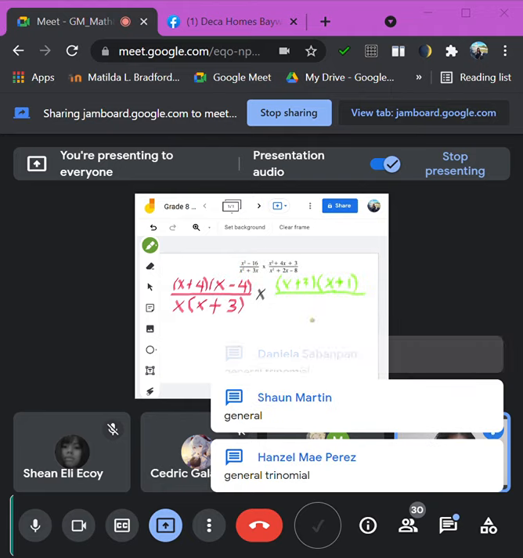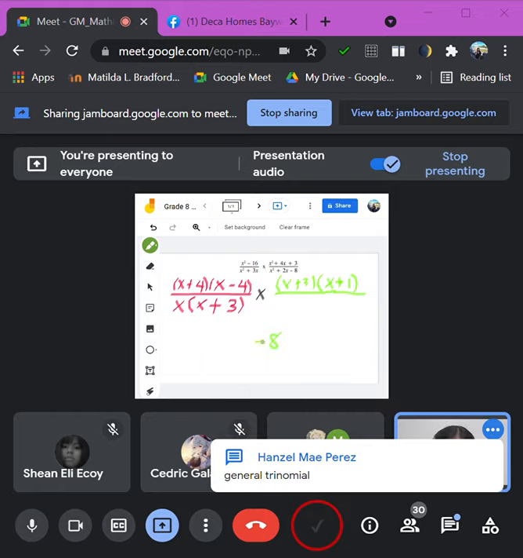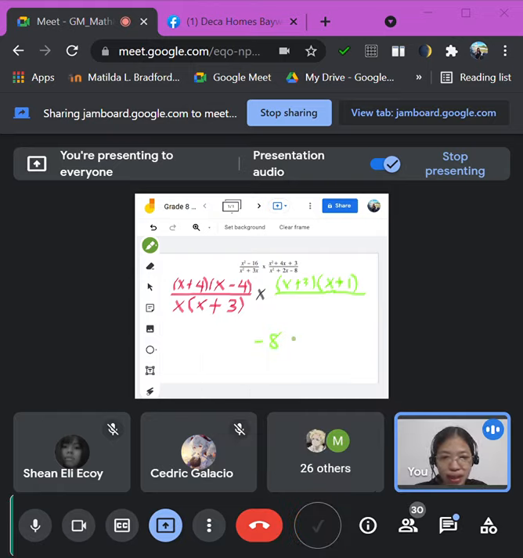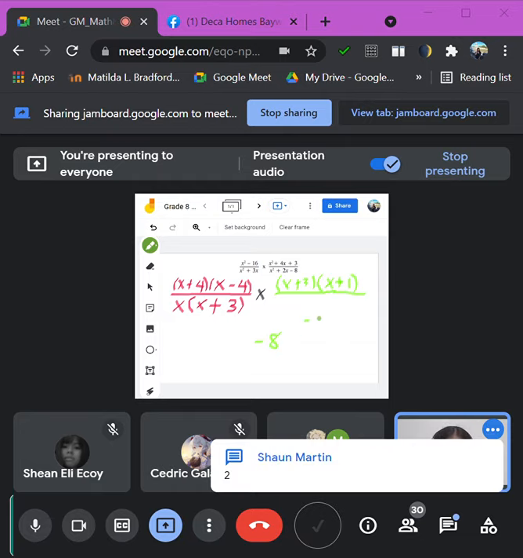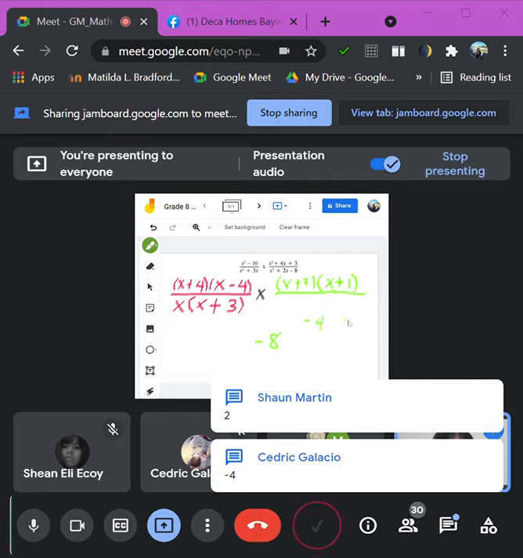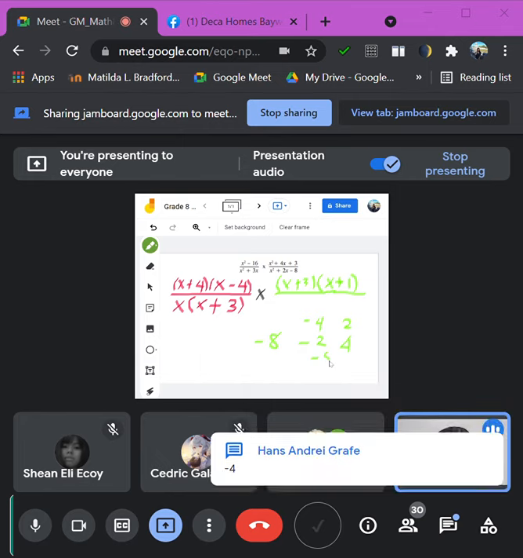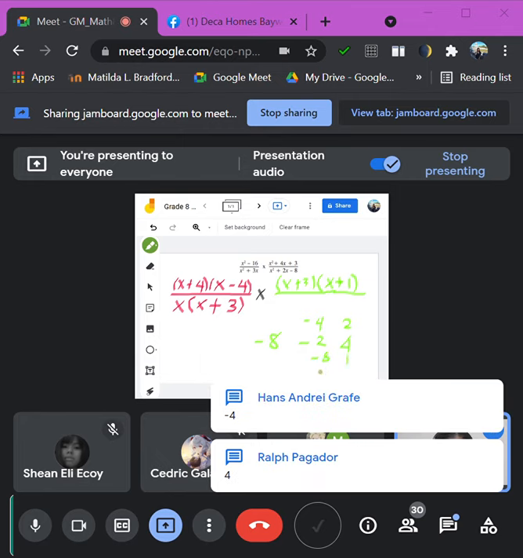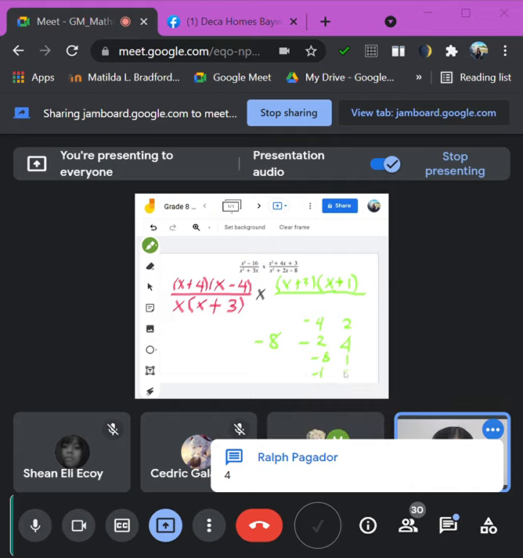So, we have there ang negative 8 man siya. So, what are the factors of negative 8? We have negative 4 times 2. We have negative 2 times 4. We have negative 8 times 1. We have negative 1 times 8.